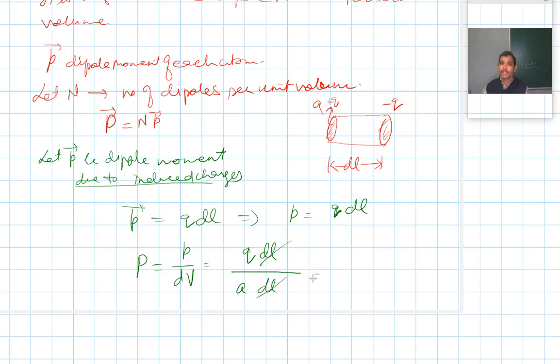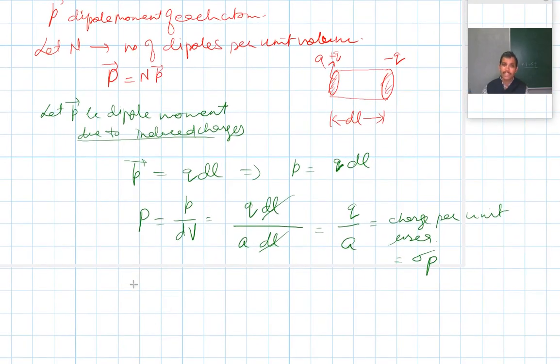So this dl will cancel out, so we are getting q over A, and this is charge per unit area. So charge per unit area is nothing but the charge density due to polarization, right? Or the charge density induced due to polarization of the dielectric.